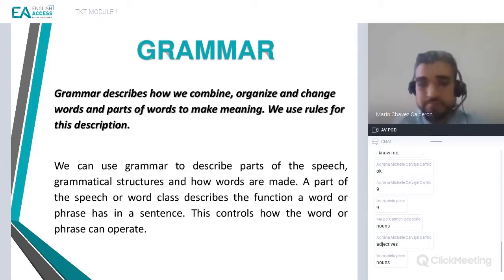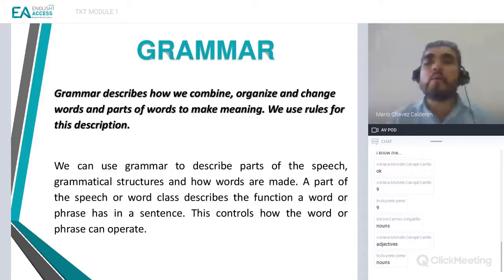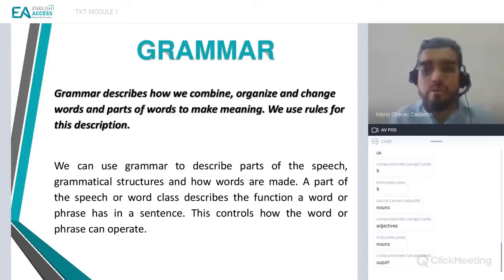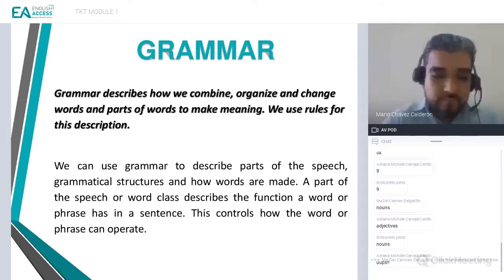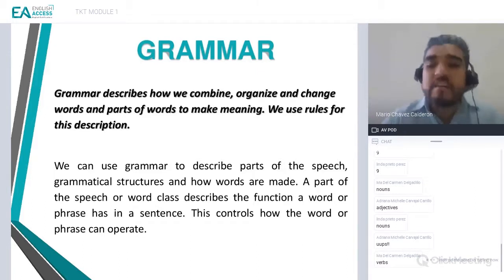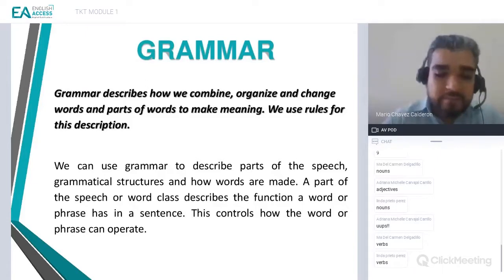Now, listen. Second one. These are the words that we use to describe the actions. Yes, good job. These are the verbs. Very good.